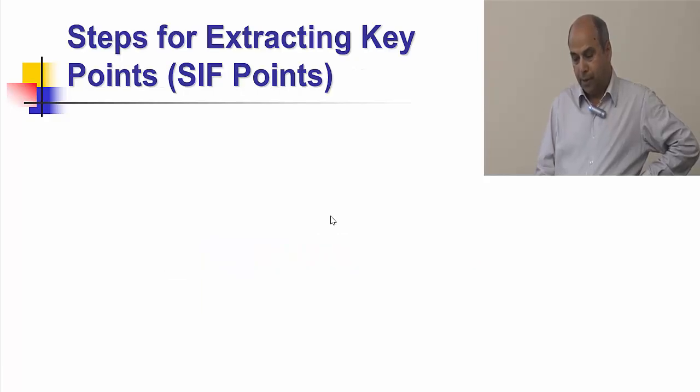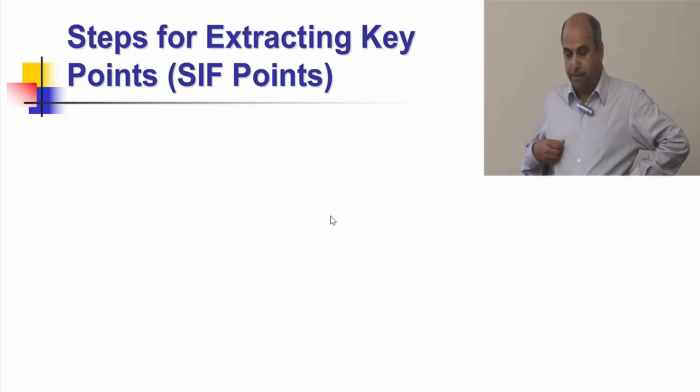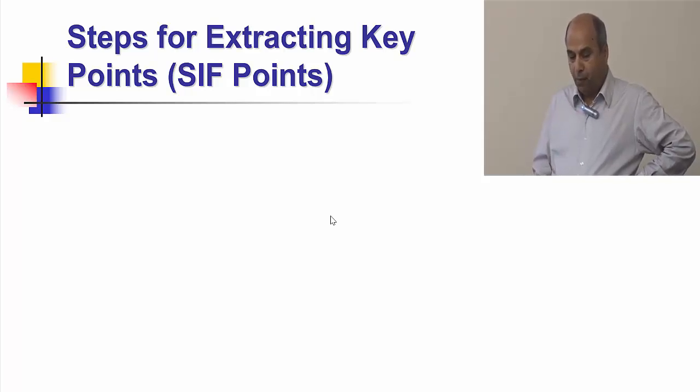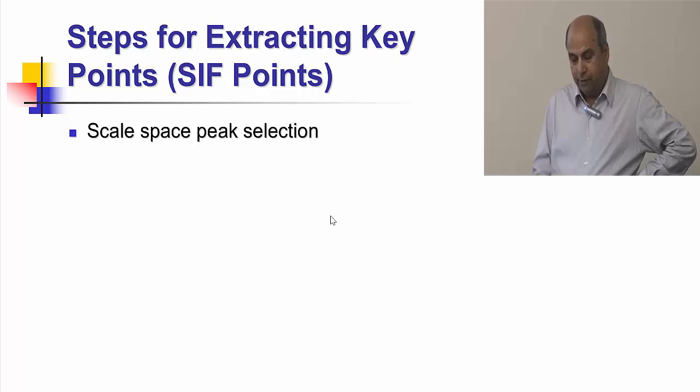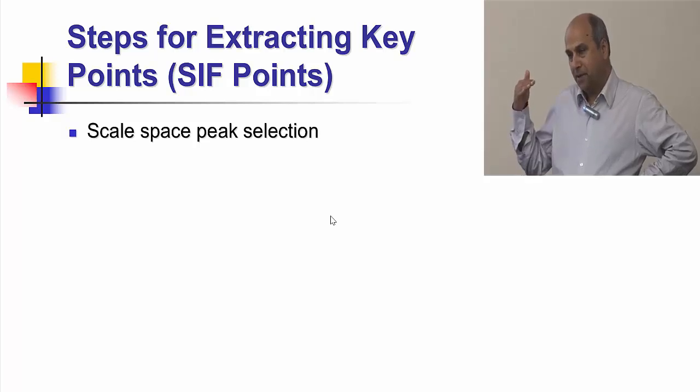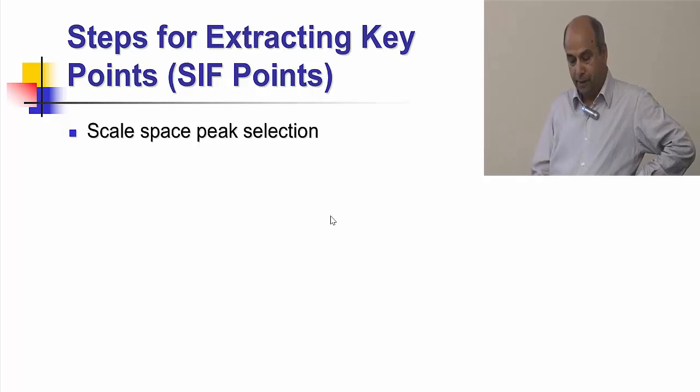Okay, so now the main steps of SIFT points extraction, which is similar to Harris point extraction, are that we will build the scale space and we will select the peaks in the scale space. Scale space essentially means we will do this for different values of sigma, and we are going to go into detail. A scale in a way is a sigma, the standard deviation of the Gaussian: sigma 1, sigma 2, sigma 3, and so on.